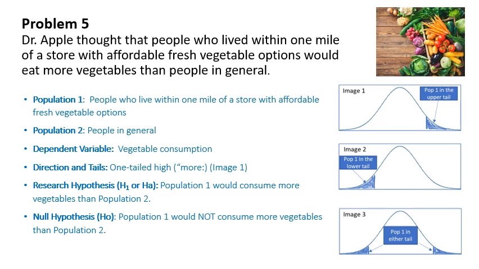The dependent variable is vegetable consumption, and the direction in tails is one-tailed high, and I know that because of the word more, so we'll be looking at drawing image 1. The research hypothesis, population 1 will consume more vegetables than population 2, and the null hypothesis is that population 1 will not consume more vegetables than population 2.